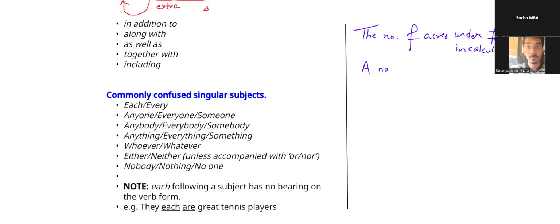Done. A number of books, okay, has or have been donated. Which one would be the right one? Which one would be the right one?